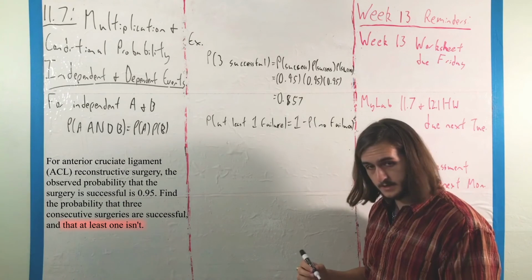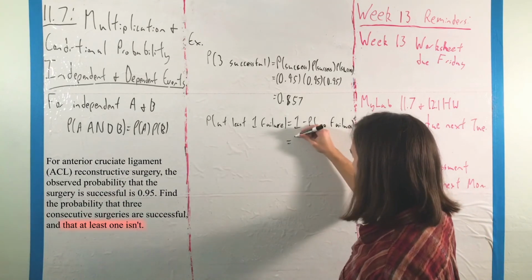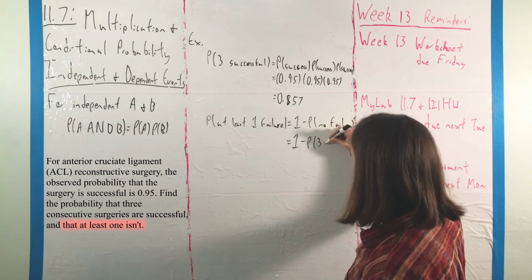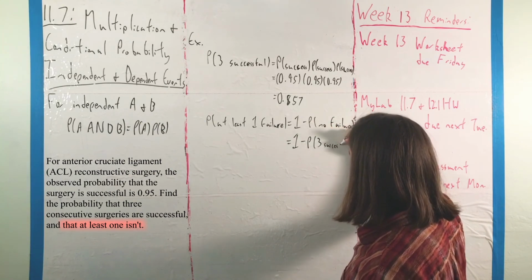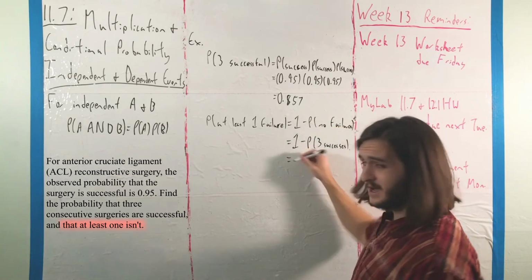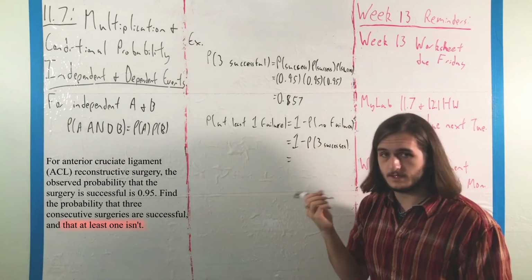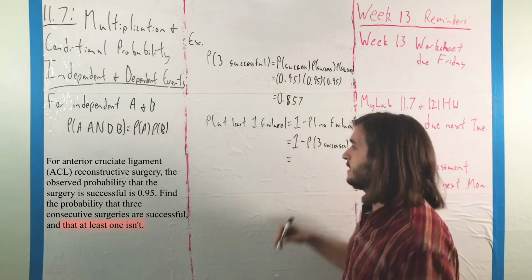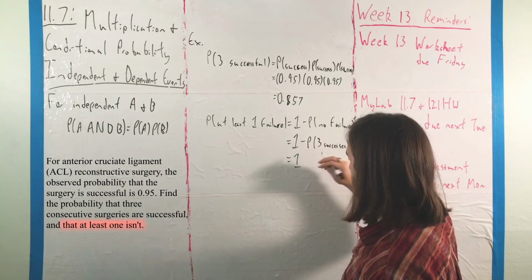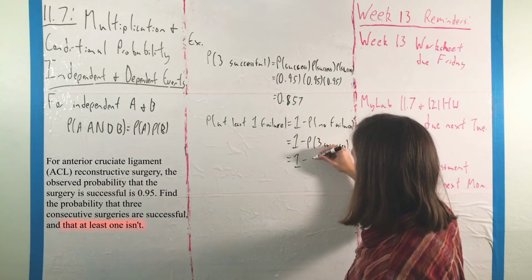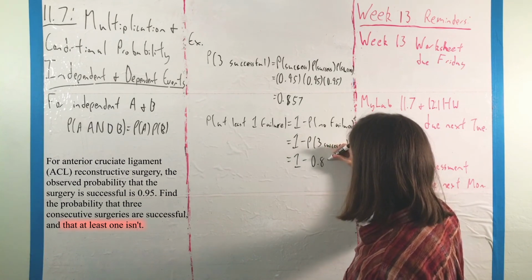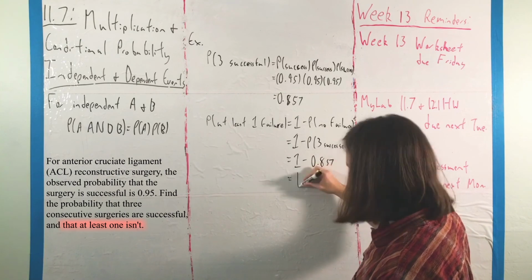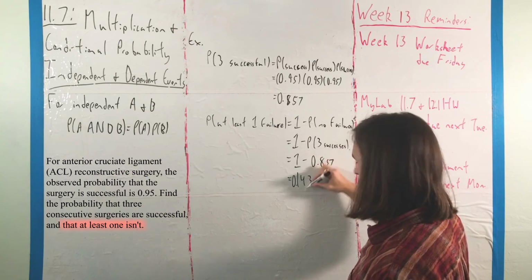That is to say, the probability of 3 successes, which we just got up there. So if you want to find the probability of at least one failure, you can either go through a whole bunch of cases, or we can just use the complement, which will give us that our probability is 1 minus 0.857, or 0.143.